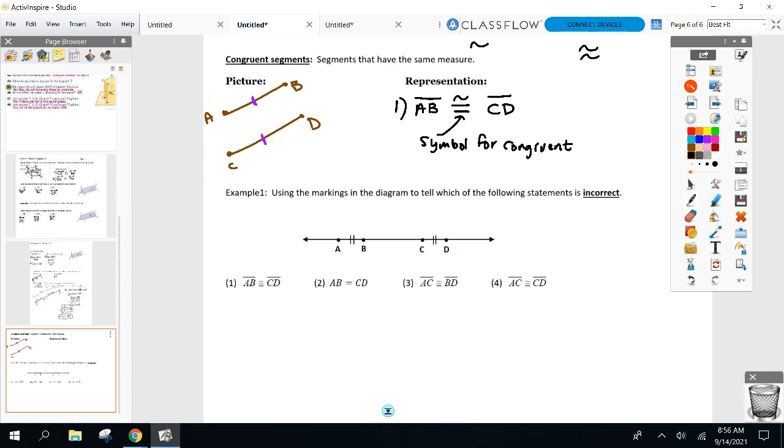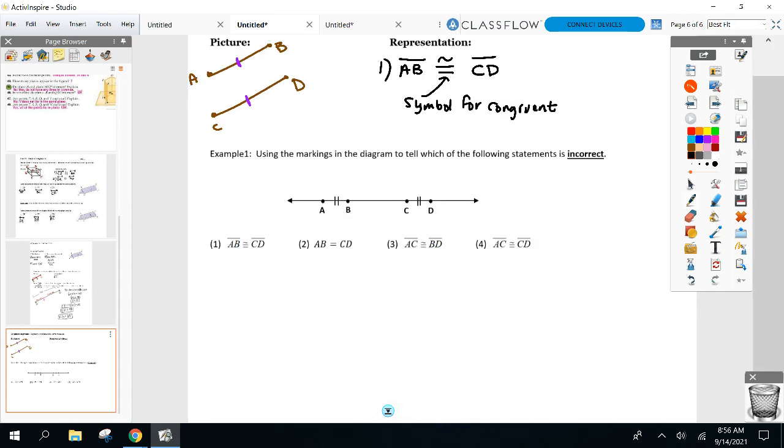All right, let's go to example 1 here. I'm going to let you think about this yourself before we end class. Use the markings on the diagram. Which one of these choices is incorrect? First, look at the diagram. What do you already know about the diagram just by my hash marks? AB and CD are congruent, which means they have the same length.